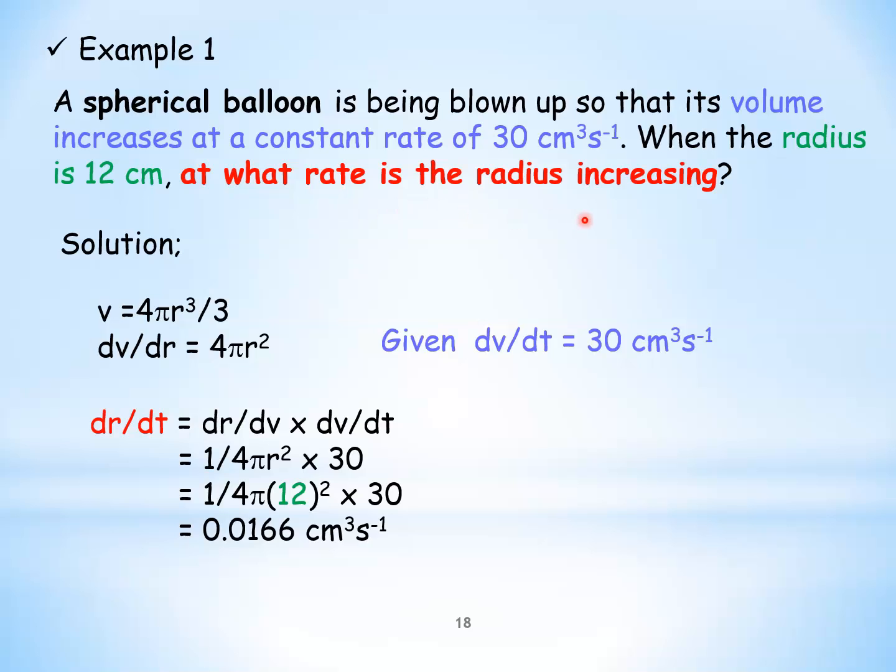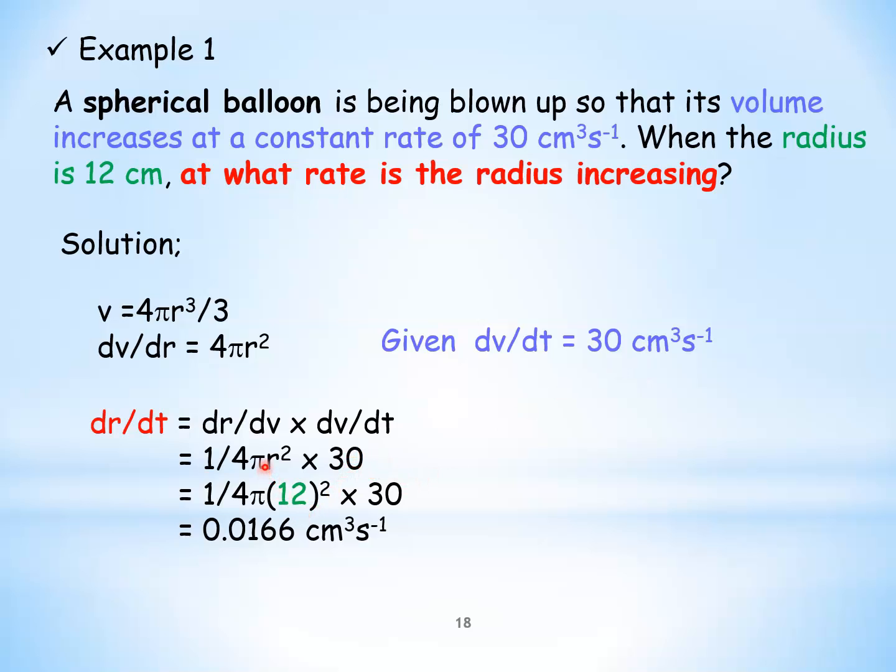The radius increasing, dr/dt, from the chain rule, you have dr/dV multiplied with dV/dt. So dr/dV, we already have dV/dr. So dr/dV means 1 over this thing. So dr/dV is 1 over 4πr². So dV/dt you already found, this one times 30.